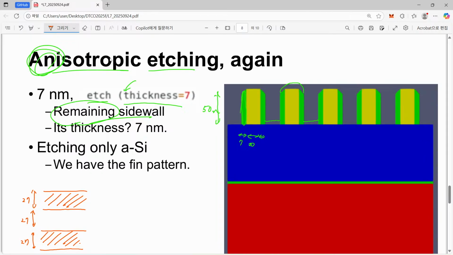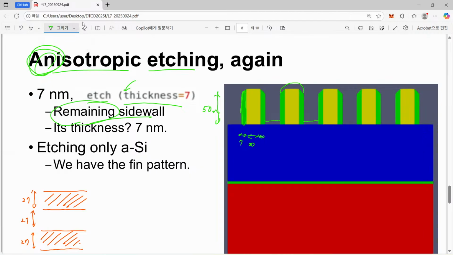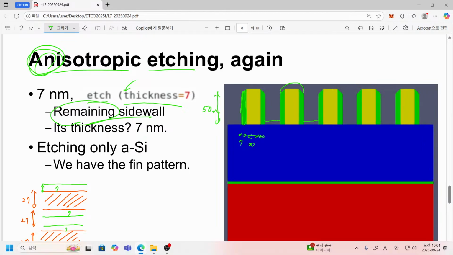Then now we make the sidewall. Please try to draw your sidewall just attached to your original pattern. Nearby your mandrel, you have a 7 nanometer sidewall and 7 nanometer sidewall and 7 nanometer sidewall and 7 nanometer sidewall.